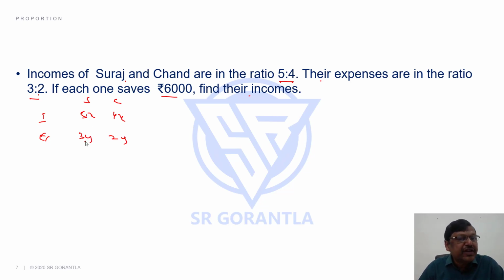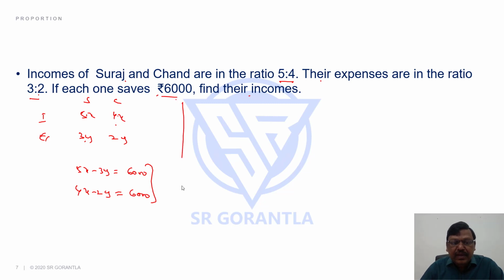Income minus expenditure will give savings. That savings is 6,000: 5x minus 3y is 6,000. Savings of Chand also is 6,000: 4x minus 2y equals 6,000. When we solve these two equations, we get the answer. This is using simple equation concept.